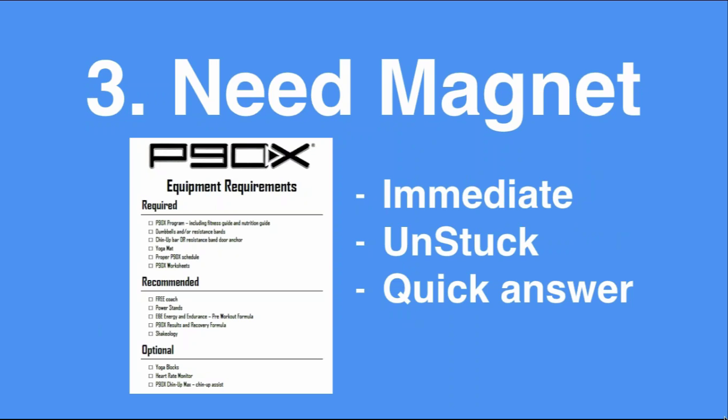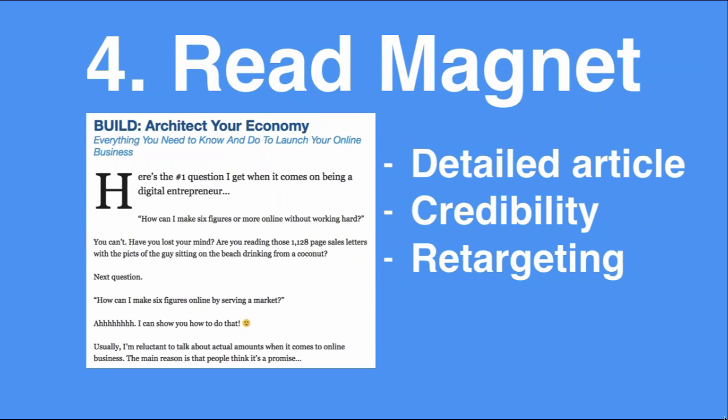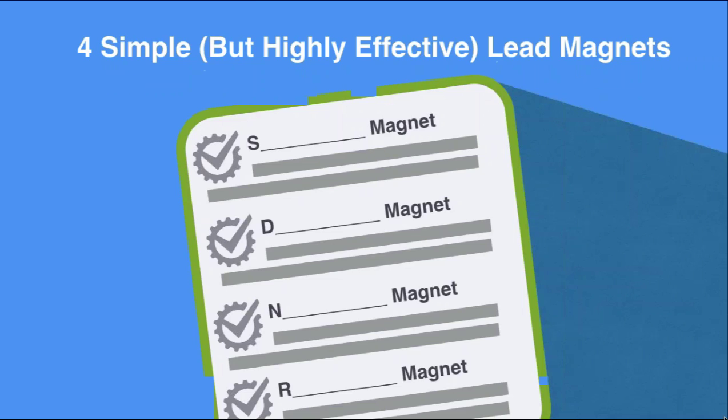They feel unstuck immediately. They get a quick answer, but it also reveals where they are incomplete and where they need to take this next step. And then a read magnet is a super long article that keeps people coming back to your site over and over again because they never get to download and actually own the magnet. They can only access the magnet through your site.